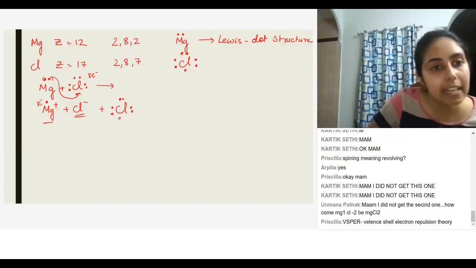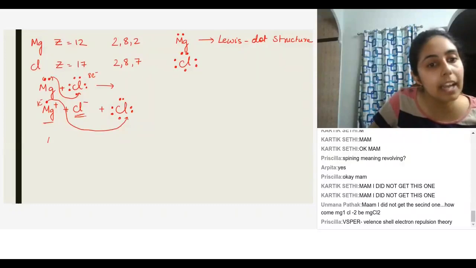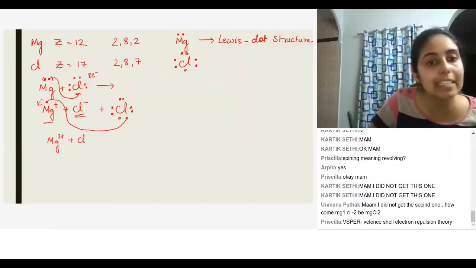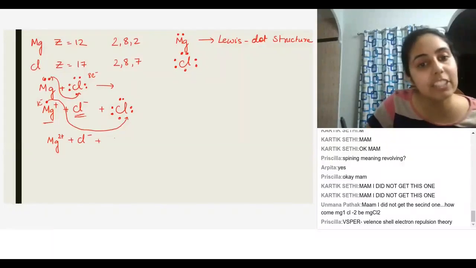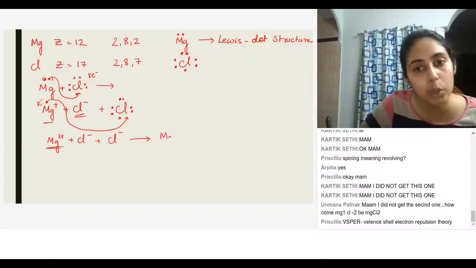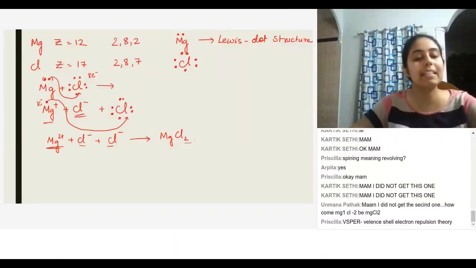I'll make the other electron go into this other chlorine, so that magnesium becomes Mg2 plus, this chlorine stays Cl minus, and the other chlorine that just came in is again Cl minus. That gives me 1 magnesium and 2 chlorines. Does that make sense?